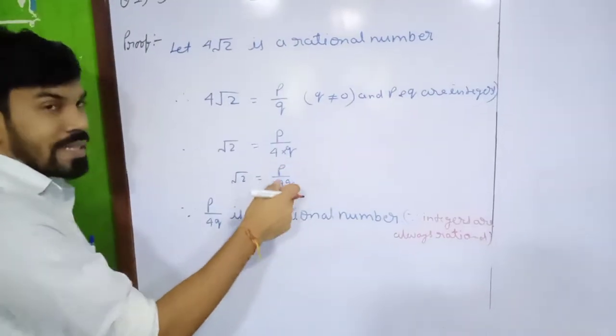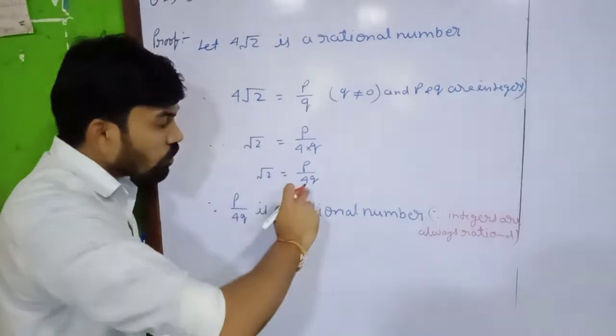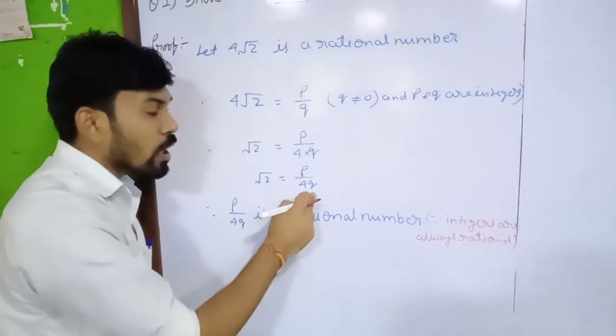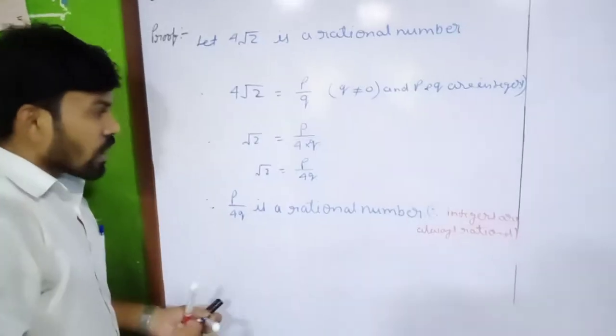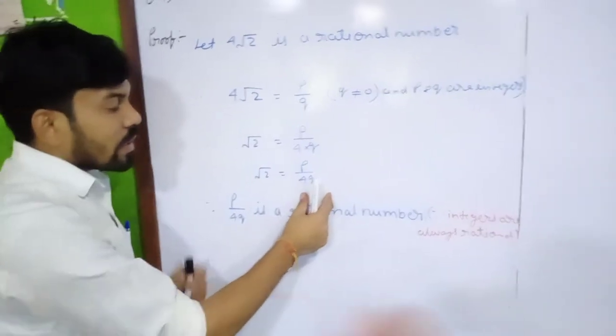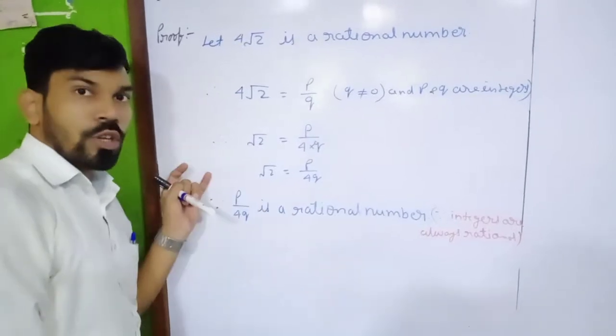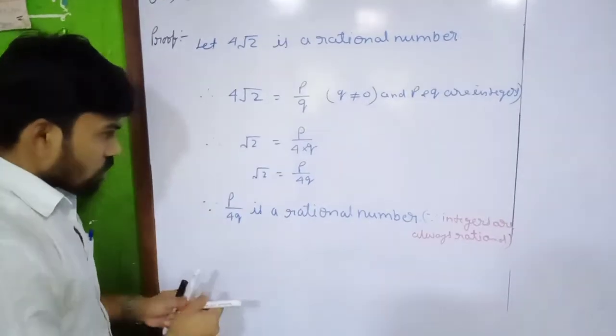Because these are integers, this 4 comes to this side and is multiplied with the q, then also it could be an integer only. So this is a rational number. If the left hand side is a rational number, the right hand side is also a rational number.